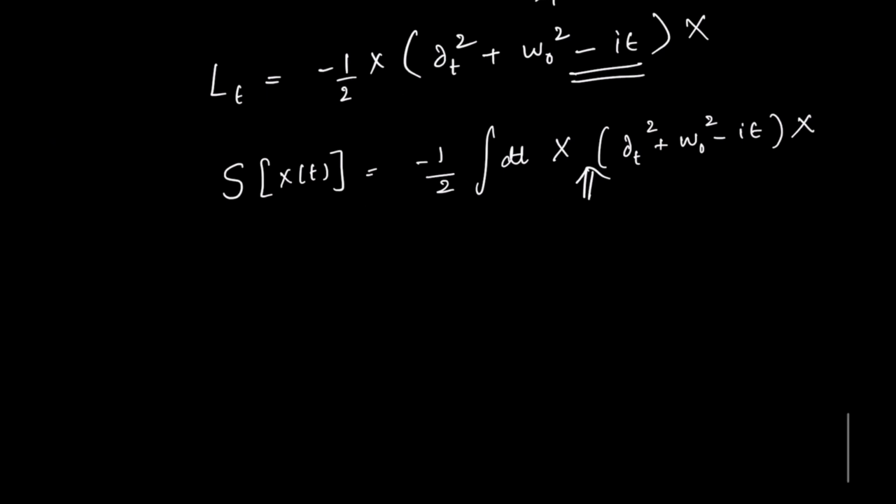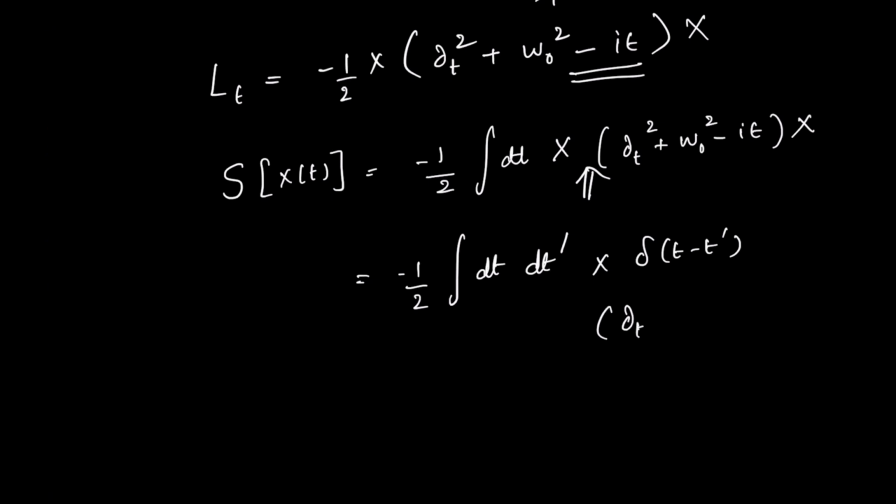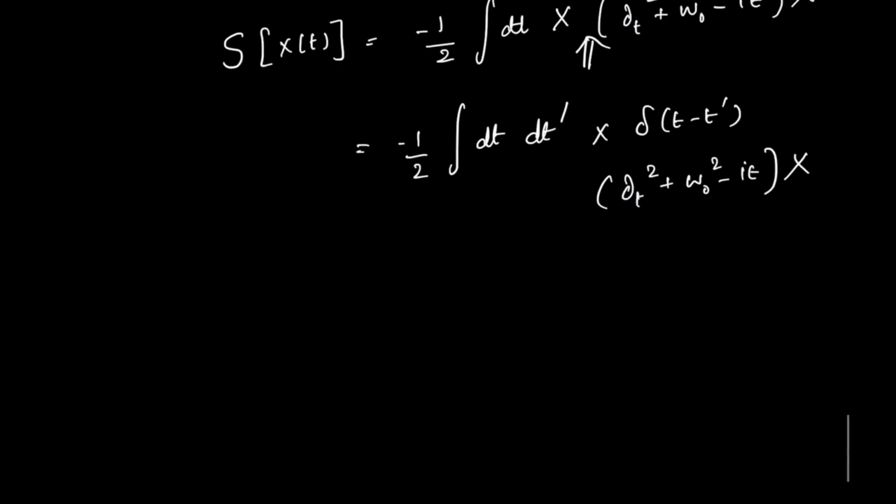So this integral will become minus half integral dt, and when I insert the delta function, I have dt prime, then x as it is, delta of t minus t prime, then partial t square plus omega naught square minus i epsilon, x, right? So this is the action.